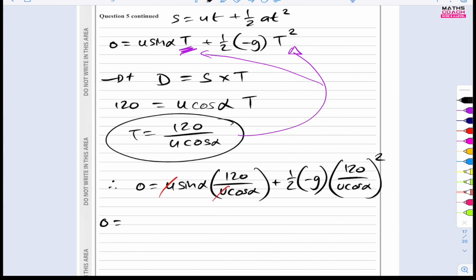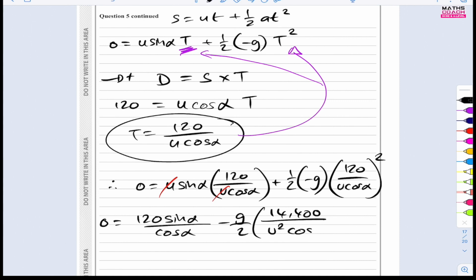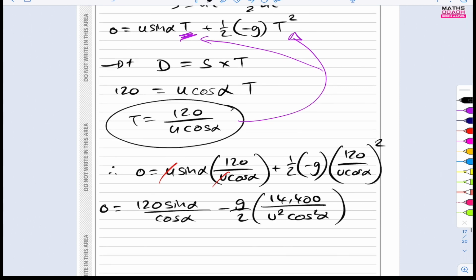So it's going to be 120 sine alpha over cos alpha, and it's going to be a minus overall here, so that's where the minus is. So it's going to be g over 2, and then we do the bracket squared. So it's going to be 14,400 all over u squared cos squared alpha.